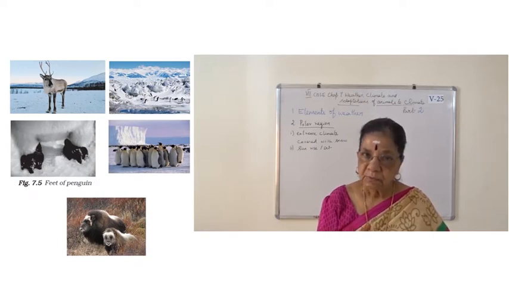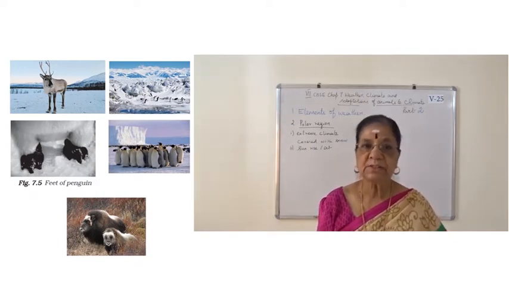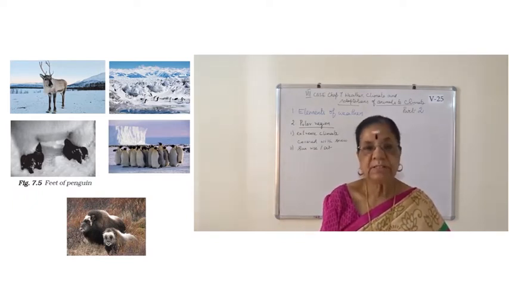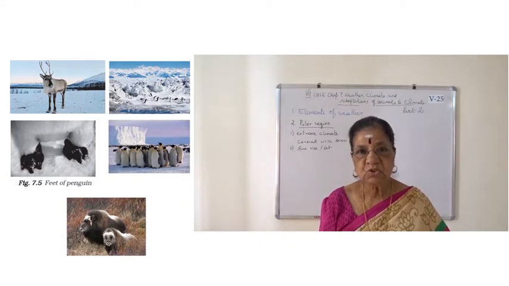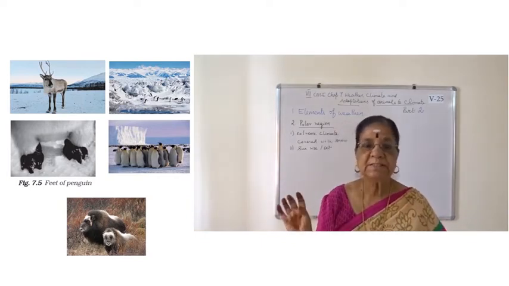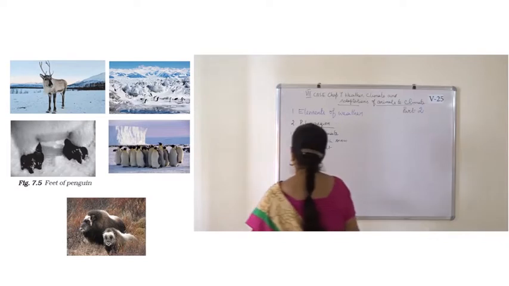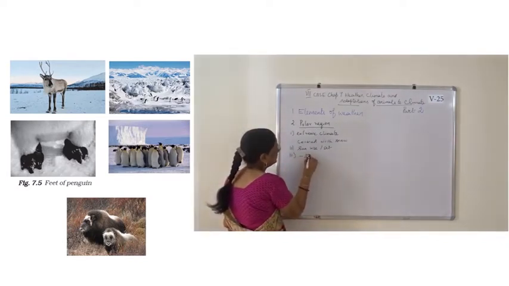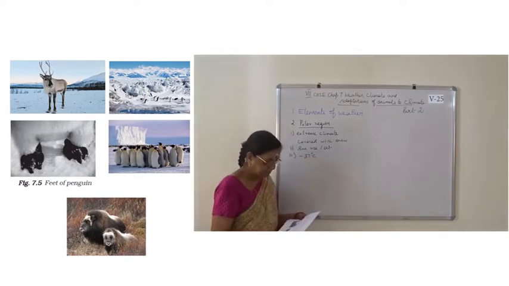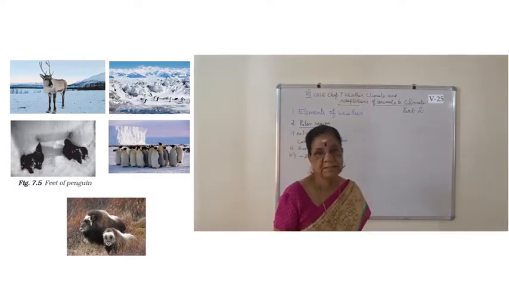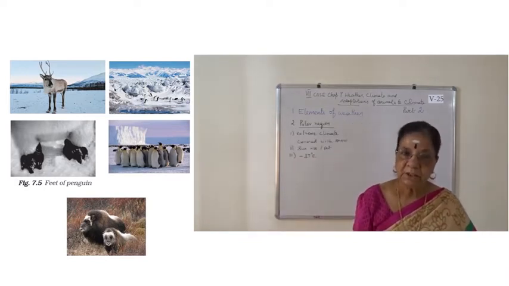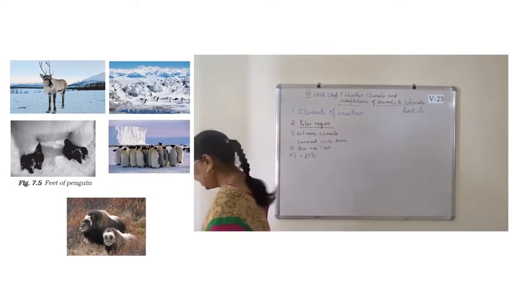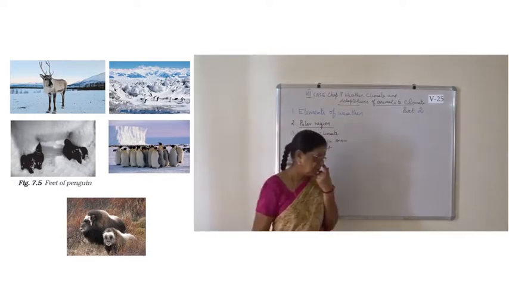And in winter the temperature goes down to minus 37 degree centigrade. This is the normal climatic condition of the polar region. I hope you could follow this.